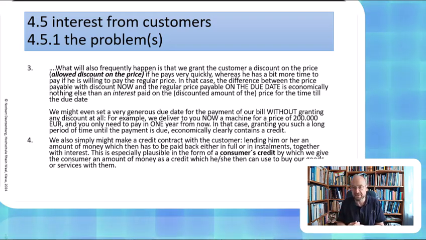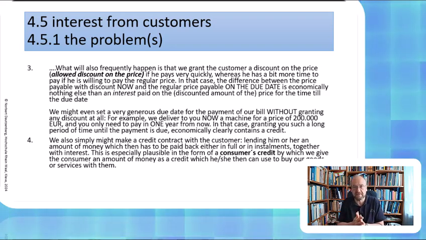And it also can be possible that you make a separate official consumer credit agreement with your consumer that you say, yeah, you want to buy some things in my shop or some services here, and we set up a credit contract. You don't have to pay immediately.